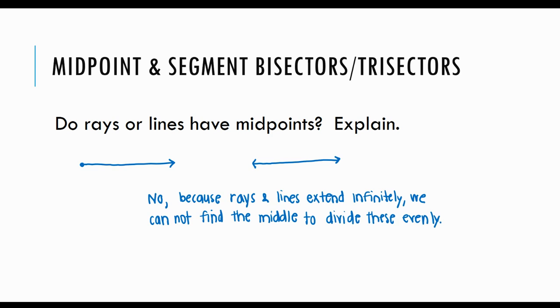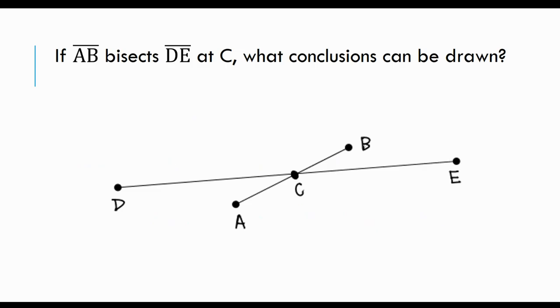So that's why I only ever defined a segment as having a bisector or a midpoint. Rays and lines extend, so you can't find that exact middle, and they cannot divide nicely.